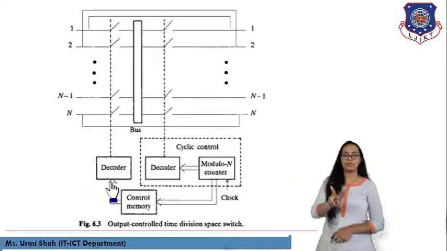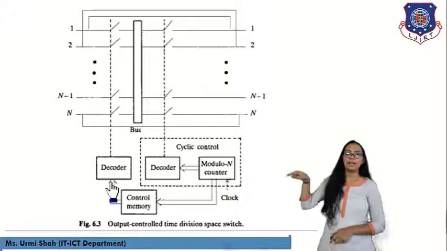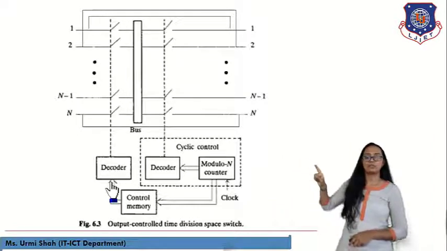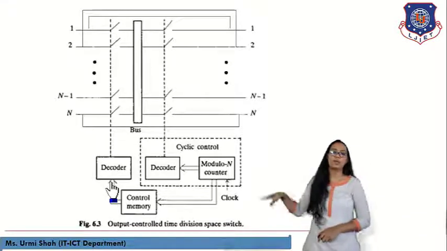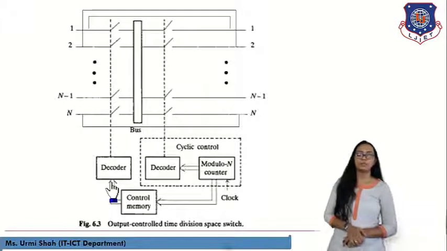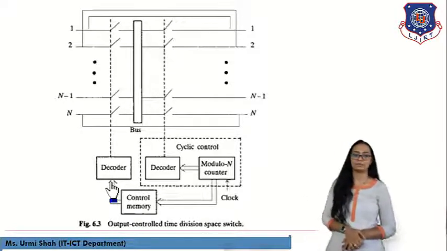The modulo N counter will have two outputs. One will go to the decoder, that is the data, and one will go to the control memory. The control memory is going to pass the addresses of the data to the decoder block. This way the whole process is going to work for output and input control time division space switching network.